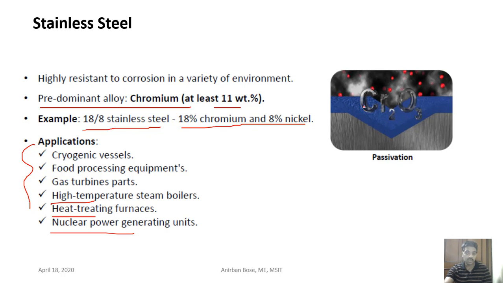Chromium reacts with oxygen and produces a chromium oxide layer over the surface, and that layer is impermeable to further oxidation of the material, and that is why the oxidation does not take place, or the material is safe from further corrosion. So that is why chromium is used for corrosion resistance.